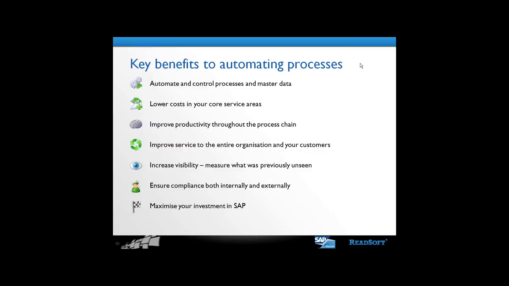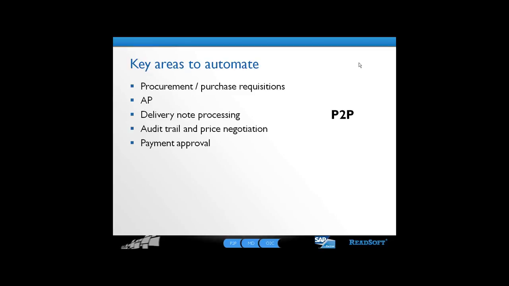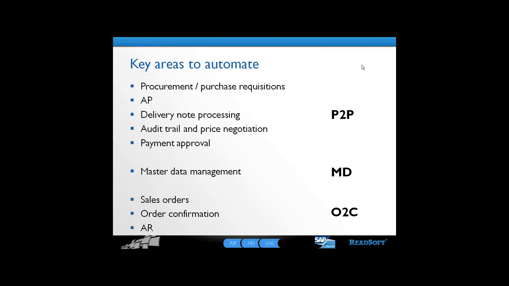Okay, so the webinar, as we have been saying, is structured into 3 areas. So we have the P2P area, which consists of procurement, purchase rec, AP, delivery note processing, audit trail, and payment approval. There's a master data section within this webinar, and then there's the O2C section, which consists of sales orders, order confirmation, and accounts receivable.